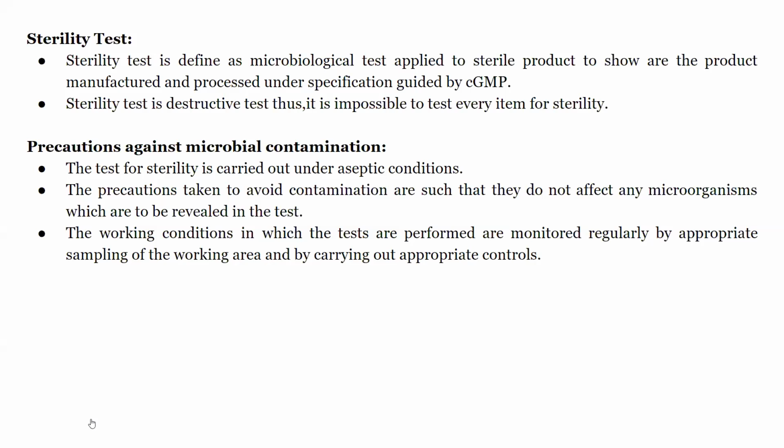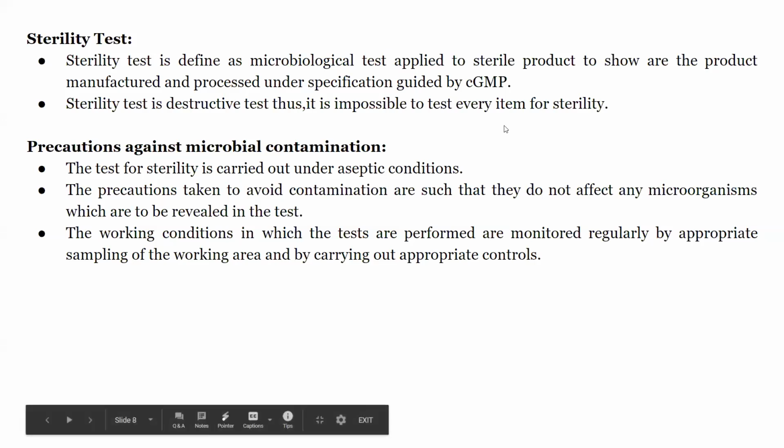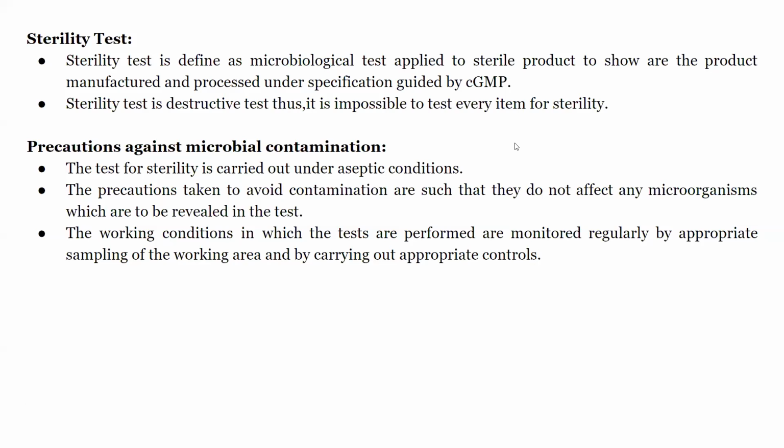So whatever samples you are taking for testing will be destroyed in the test. So sampling should be appropriate because those samples will represent the entire batch which is not actually being tested. But we are assuming that since the samples are sterile, the batch is also sterile.